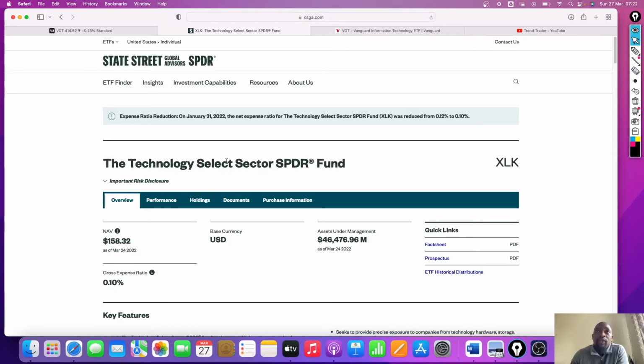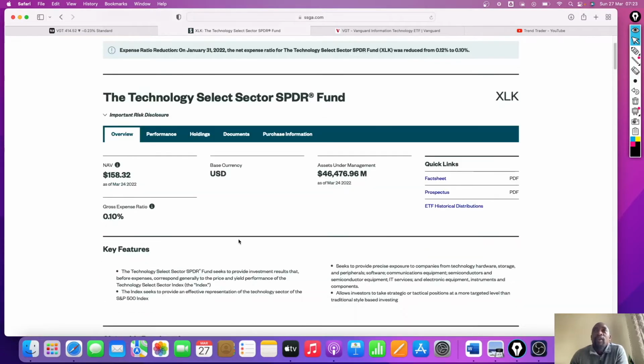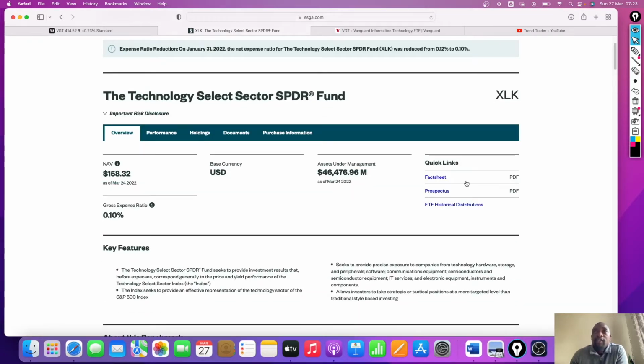We already know that it's a tech ETF. The net asset value is about 158 US dollars, and the assets under management are just about 4.6 billion. You can download the fact sheet there, and the prospectus, and the historical distributions, because whenever we invest in ETFs, we also expect to receive distributions from these ETFs that we are holding.